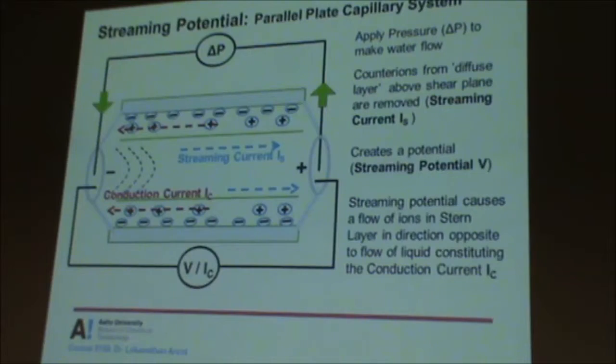We can measure both the streaming potential and the streaming current if you apply a voltmeter or an ammeter across this channel. That's all you need to do. Depending on the flow and the surface charge, the current generated will vary, and the potential developed also will vary.